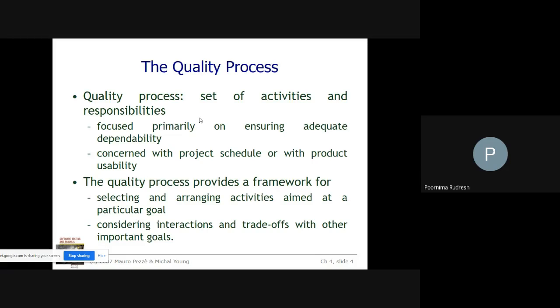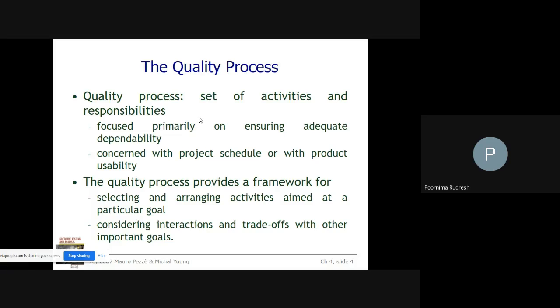Then, when we are moving through the different software development phases, we need to check whether we are on the given schedule, or ahead of schedule, or lagging the schedule. That we have to check at each stage of software development. Hence, we are concerned with the project schedule, and also the product usability.